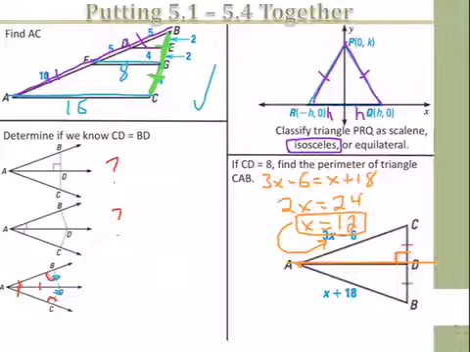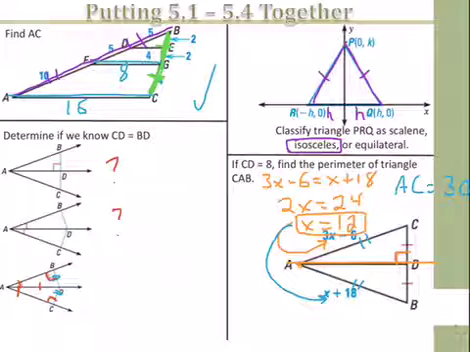If I want to find the perimeter I need to find AC, CB, and BA, which means I have to plug the stuff back in. So, boy, I gotta find room to do this because I wrote too big. AC is equal to 3 times 12, which is 36, minus 6, which is 30. Just to check, I mean, I know these are congruent, but if I did it right, it should be the case that if I plug x into here, I get the same answer, which I do.